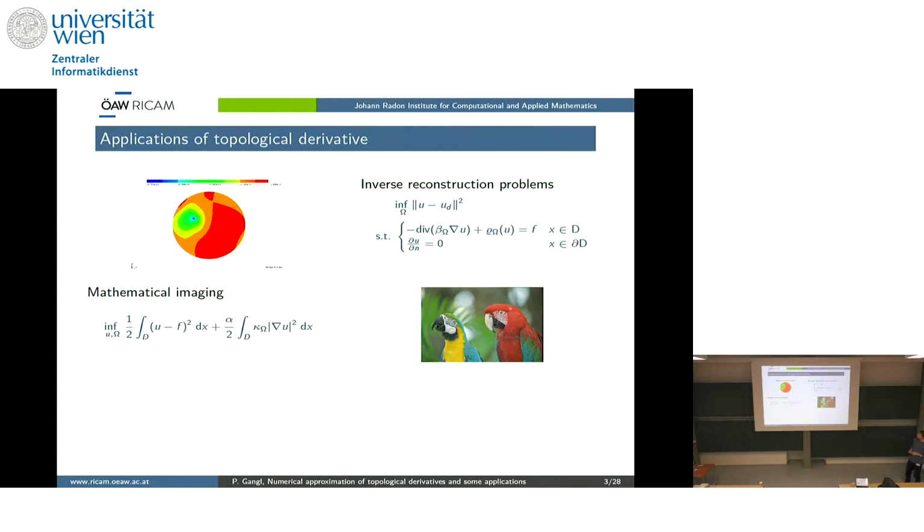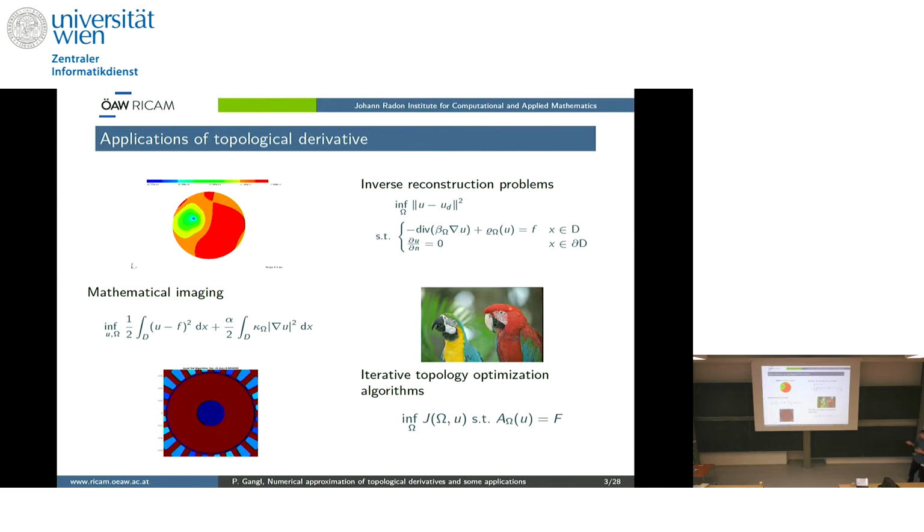So that's one example. Another example is mathematical imaging, which I will come back to at the very end of my talk. And maybe the largest application region is iterative optimization algorithms, as we see here, but this we will see again later.